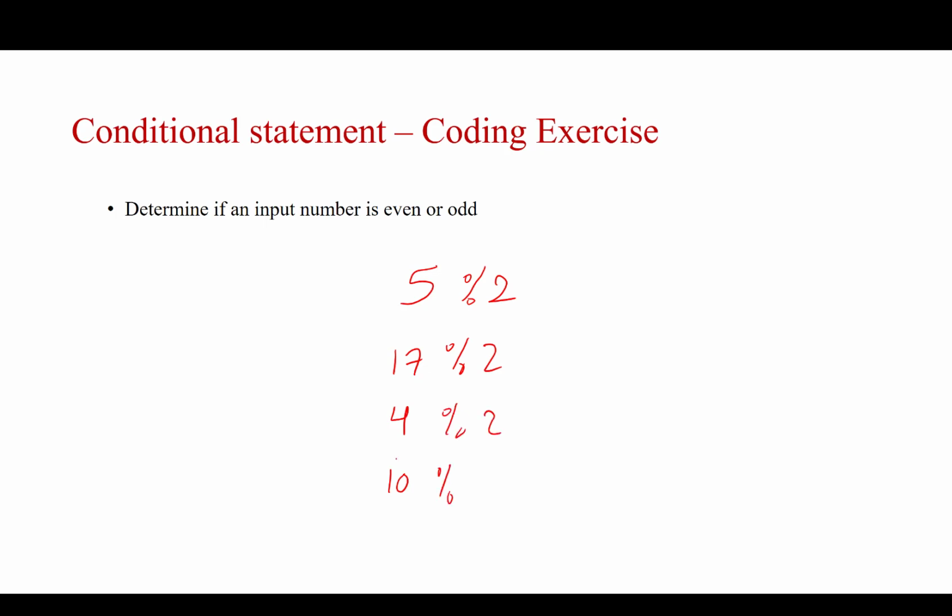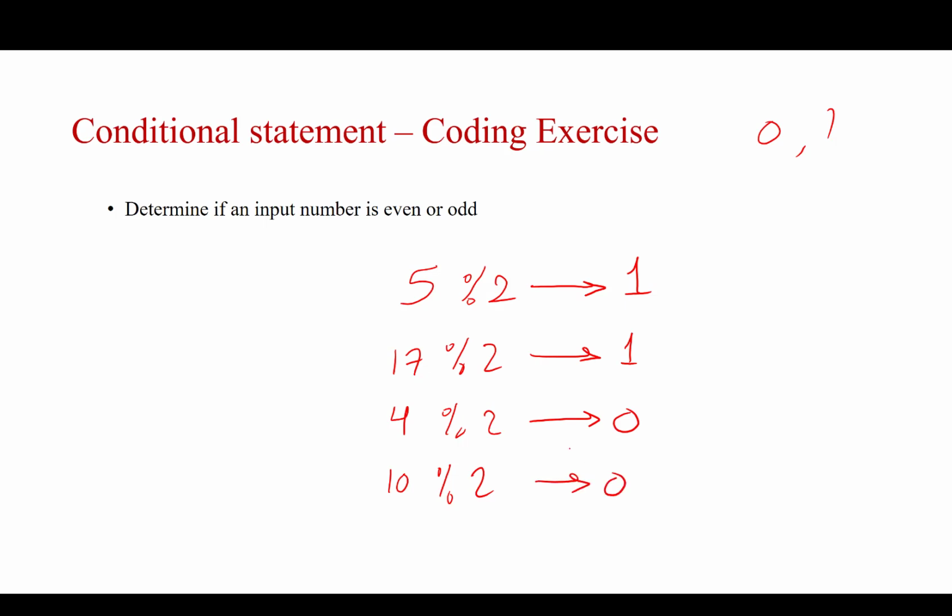Mod 2 will give you two things, either 0 or 1. If the number is divisible by 2, it will give 0. If the number is not divisible by 2, it will give 1, and that's it. So, for example, here this is 1, this is 1, this is 0, this is 0.